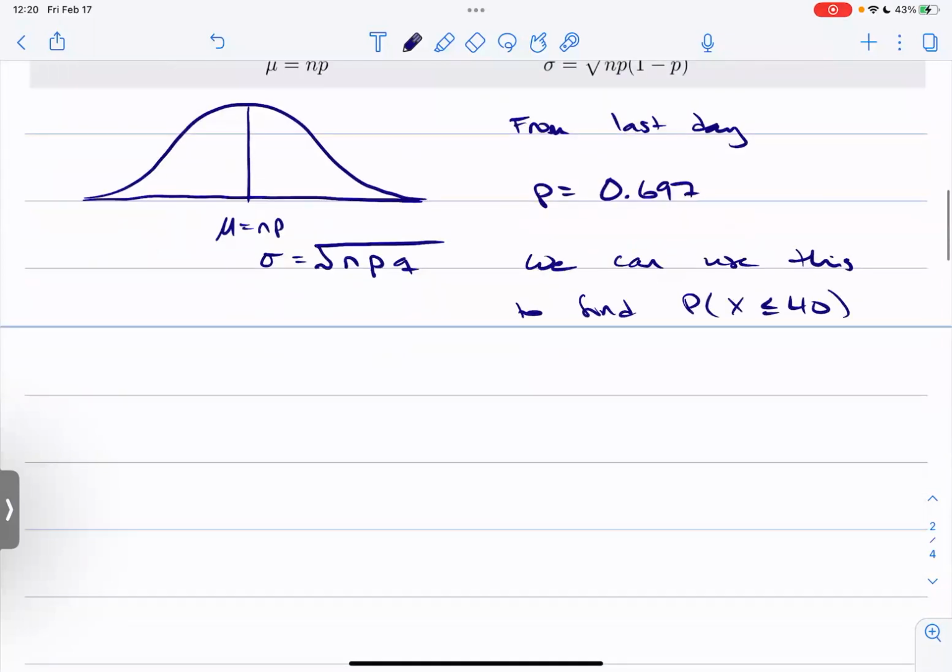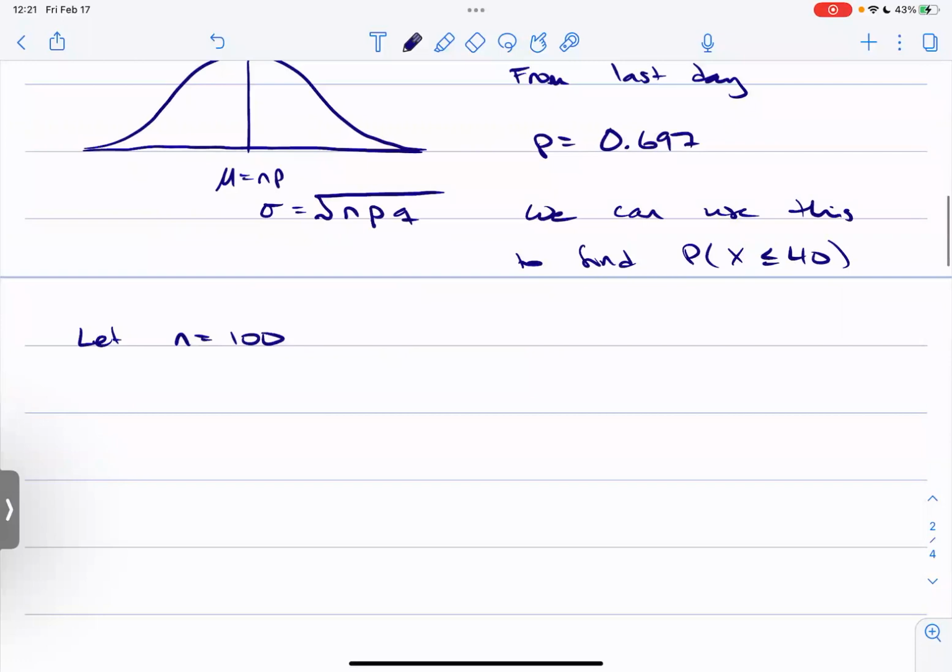So we're going to let n be 100. p is 0.697, which means q was 0.303, I think I remember. And it looks reasonable, but if I'm wrong, stop me now.